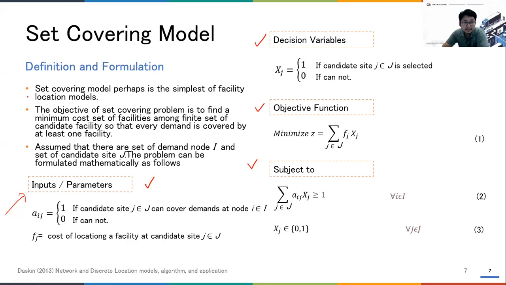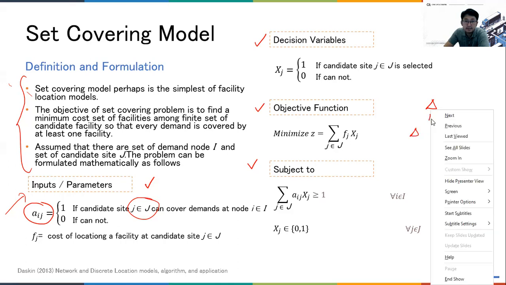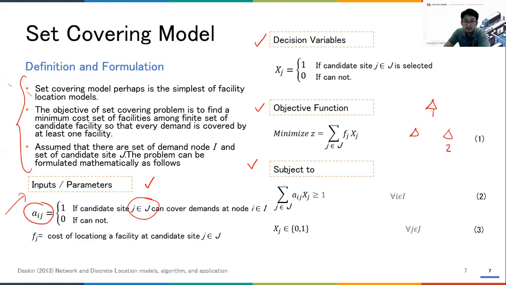So to support this definition of the facility set covering problem, you need to define the input Aij to define whether one particular customer is able to be served by a particular site or not. Okay, for example, you have candidate 1, candidate 2, candidate 3, and customer 1, customer 2, and customer 3. Let's say the radius is like this.